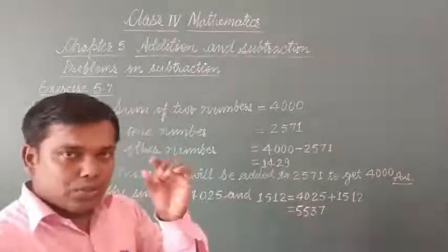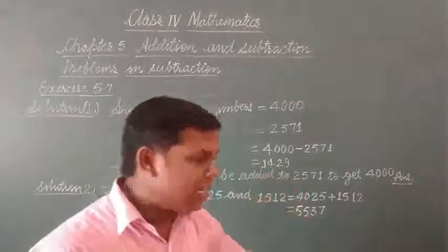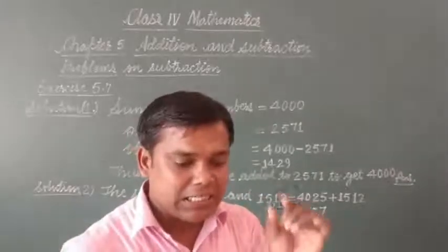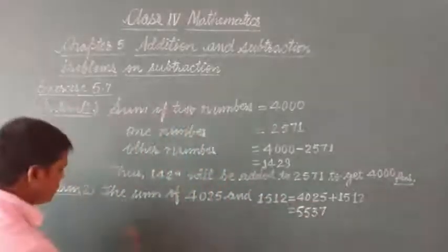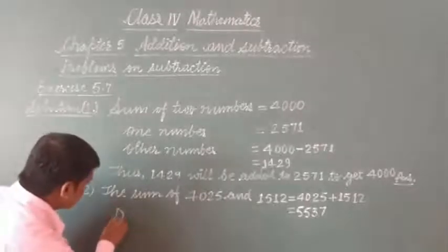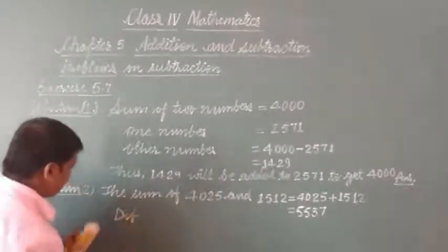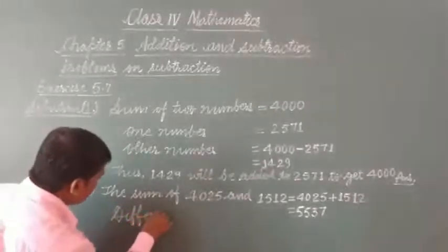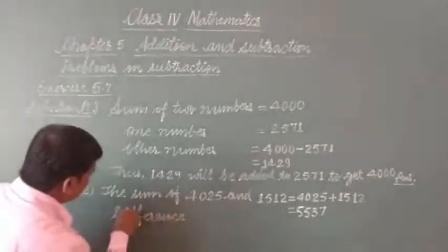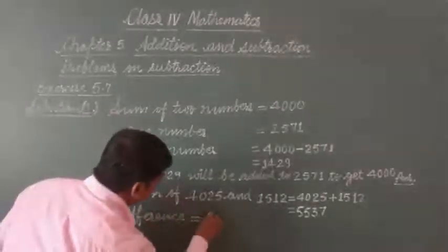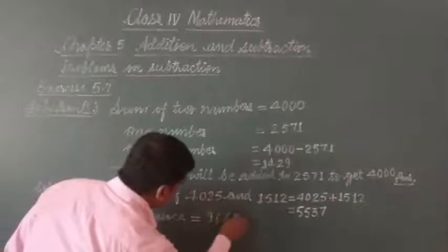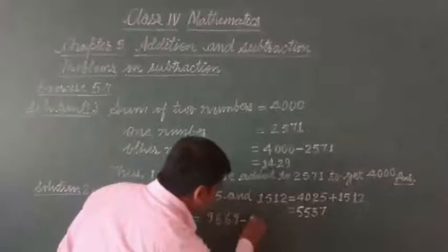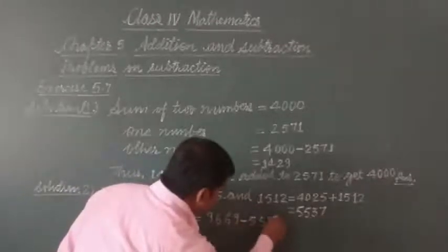Now we have to subtract this sum from 9669. So we write difference is equal to 9669 minus 5537.